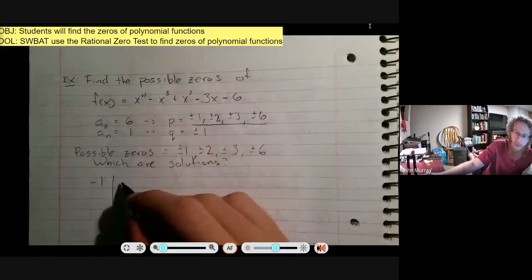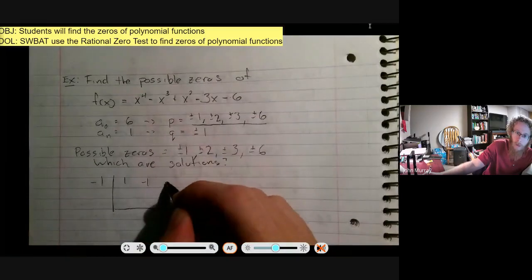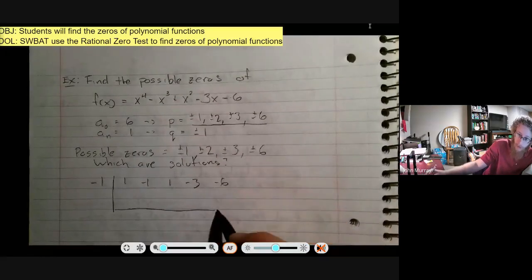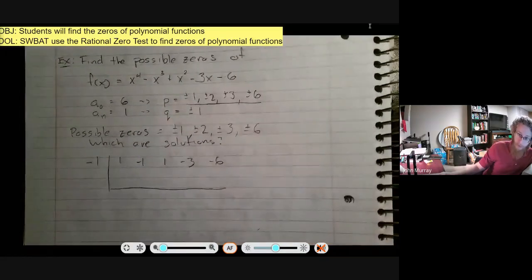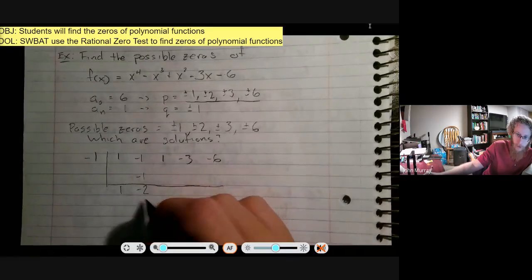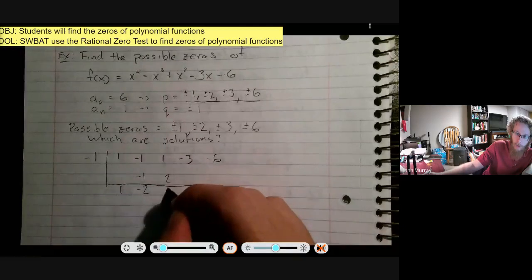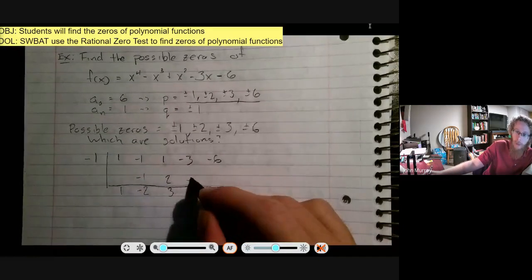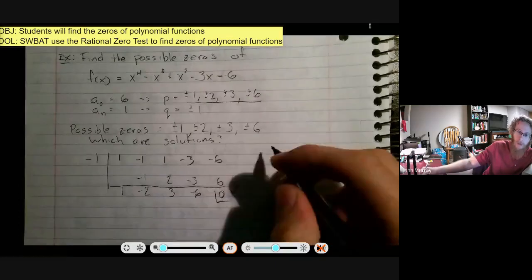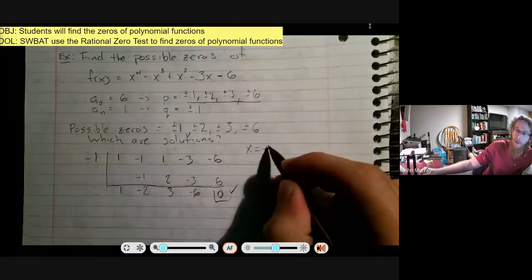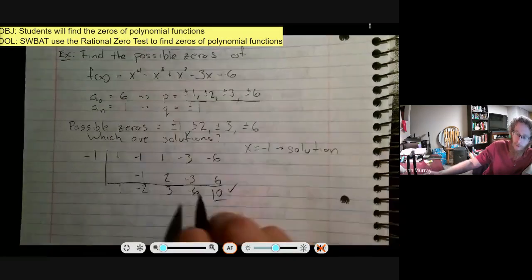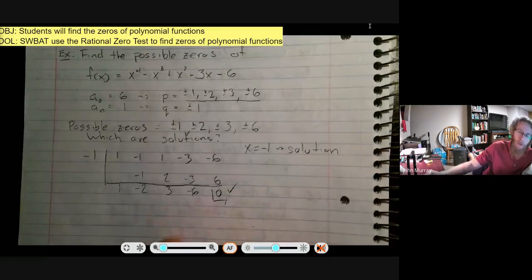We write down the coefficients: 1, -1, +1, -3, -6, and we do our synthetic division. Bring it down, -1, -2, +2, 3, -3, -6, +6, 0. So x equals -1 is a solution because of our remainder theorem.